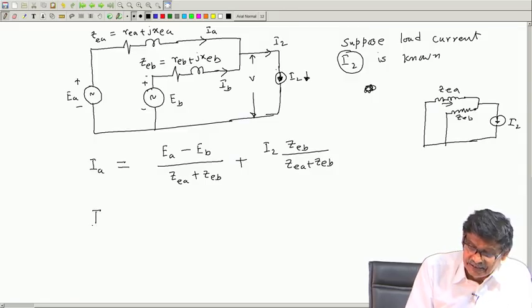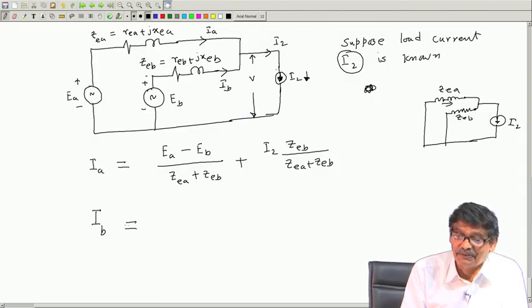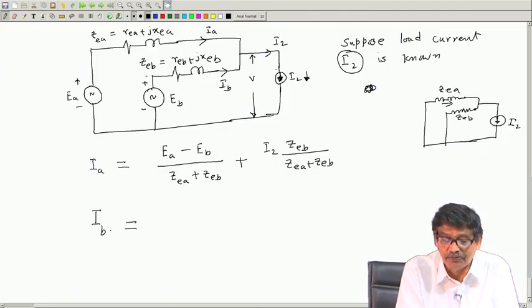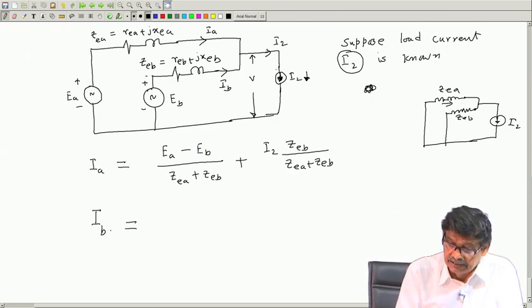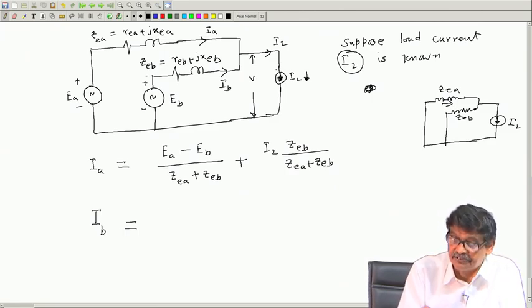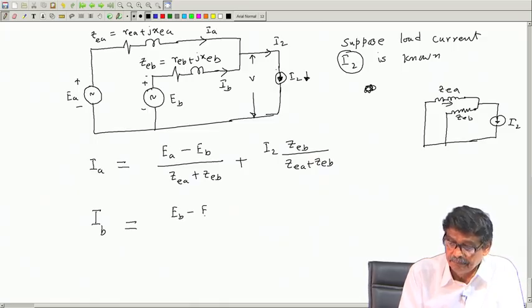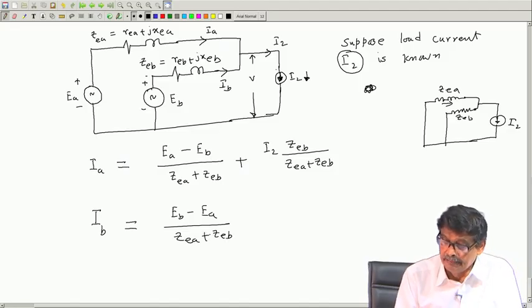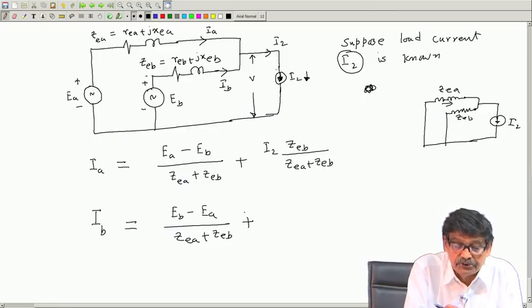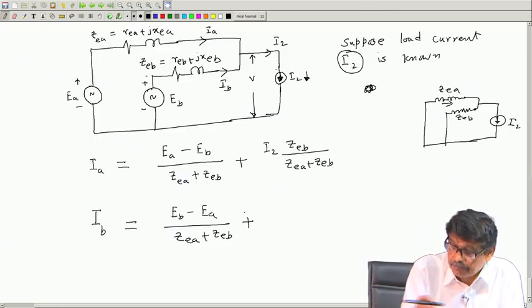Now, similarly, what will be IB? IB will be equal to this current because of all these three sources present. First assume this is absent, okay. Then this current IB in this direction will be EB minus EA by JDA plus JDB, plus, when this current source alone is present, these two are shorted, these two become parallel.